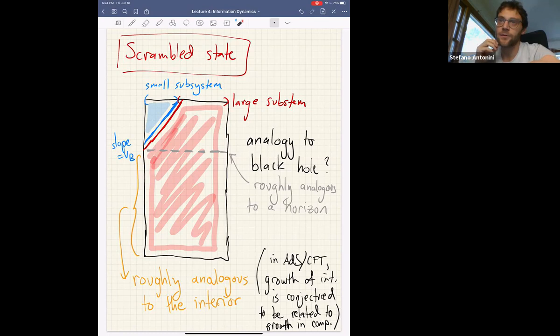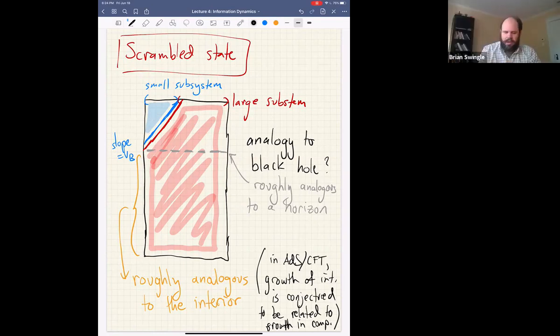So is this more similar to the picture where you have an HRT surface outside, or is it more similar to what Netta was talking about at the end, like Python's lunch, where you have a minimal extremal surface, and then a minimal extremal surface deep inside the horizon, and whatever is in the middle of the two surfaces is hard to reconstruct, but in principle possible?